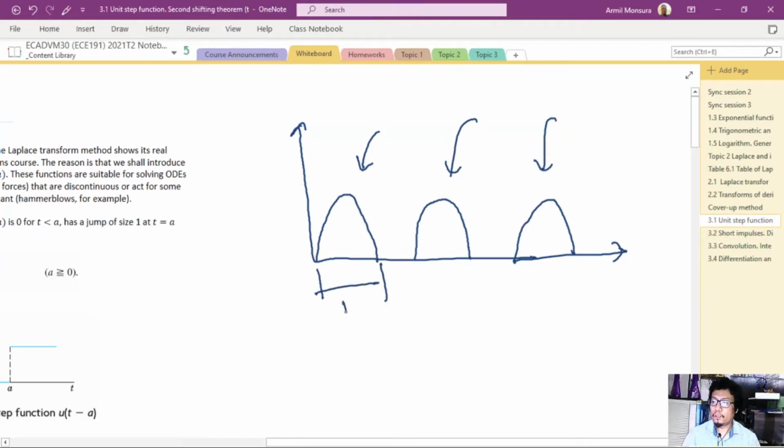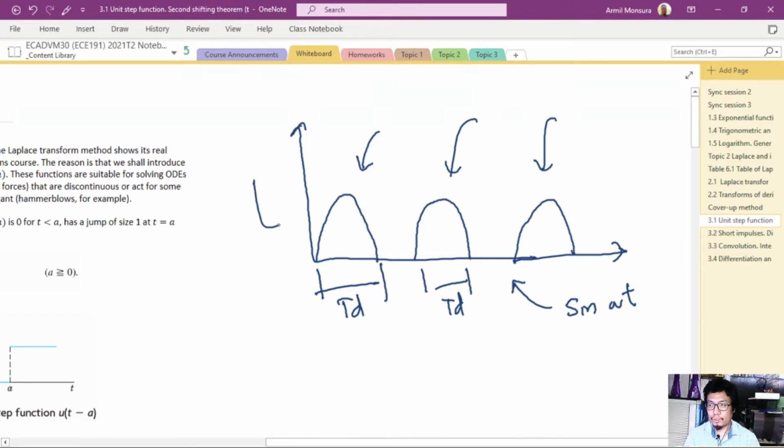Of course, it is obvious that this cannot be described by, for example, a sine omega t formulation, because essentially this is not a complete sine wave. This is a sine wave whose negative part you have to clip.